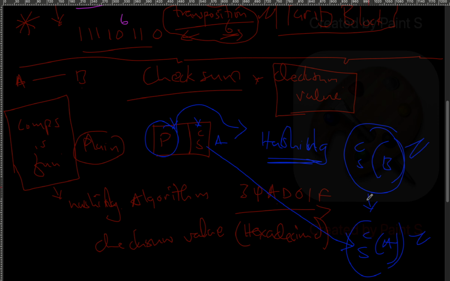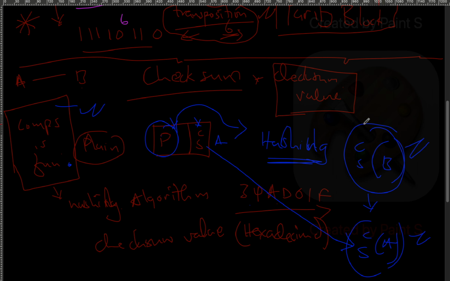If these two checksum values match, then this data was transmitted correctly. Because if somebody tampers with this information, let's say probably just adds a full stop, then the checksum value is going to be different. The checksum value is unique to every text. So B will receive the plain text and the checksum value, and will do a recalculation of the checksum value.